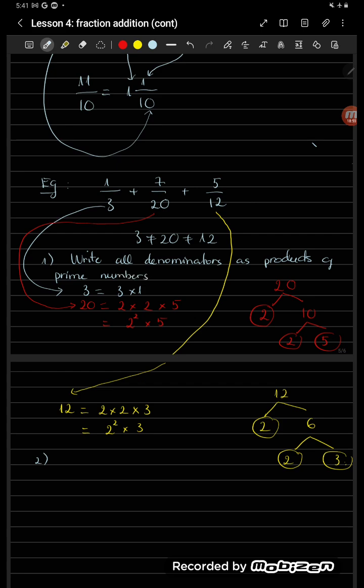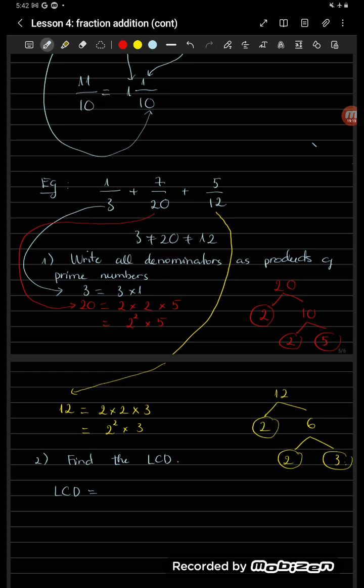Okay, and now after we write all the denominators as products of prime numbers, we need to find the least common denominator. And the least common denominator, as I said above, will equal the product of all different prime numbers with the highest power.